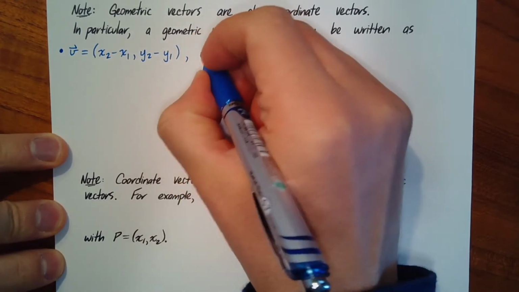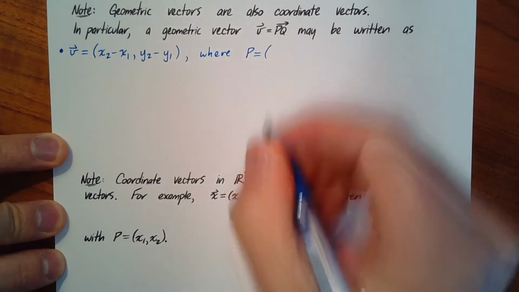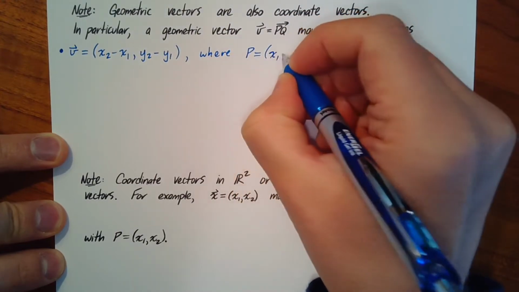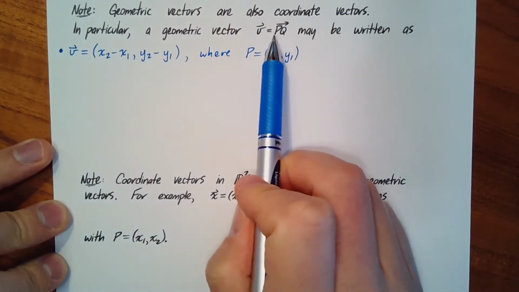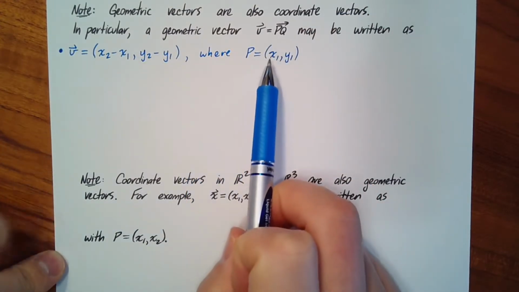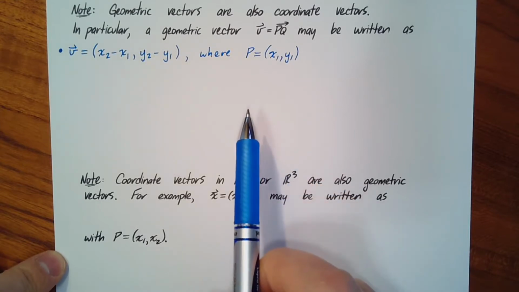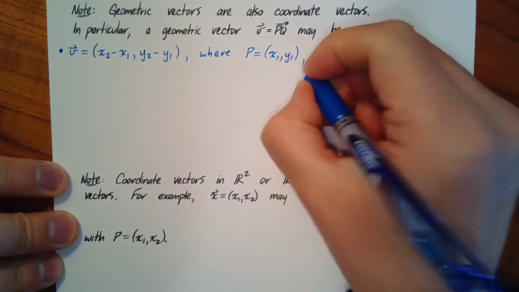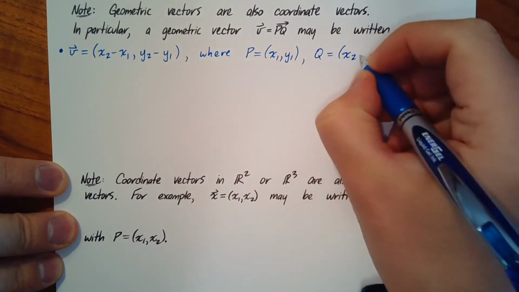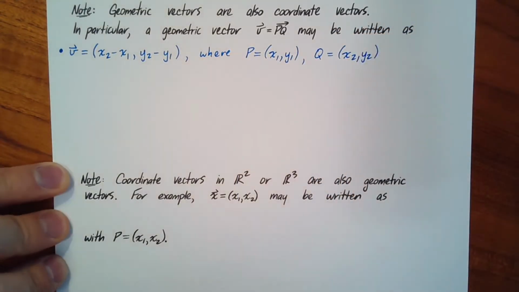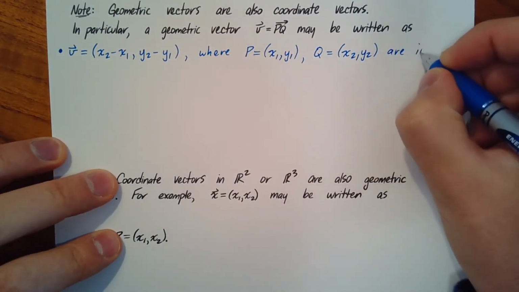So I'll say where P is the point (x1, y1). So this initial point P is a point in R2 with a first x coordinate of x1 and a y coordinate of y1. And then the point Q is going to have coordinates (x2, y2). Okay, so these are in R2.